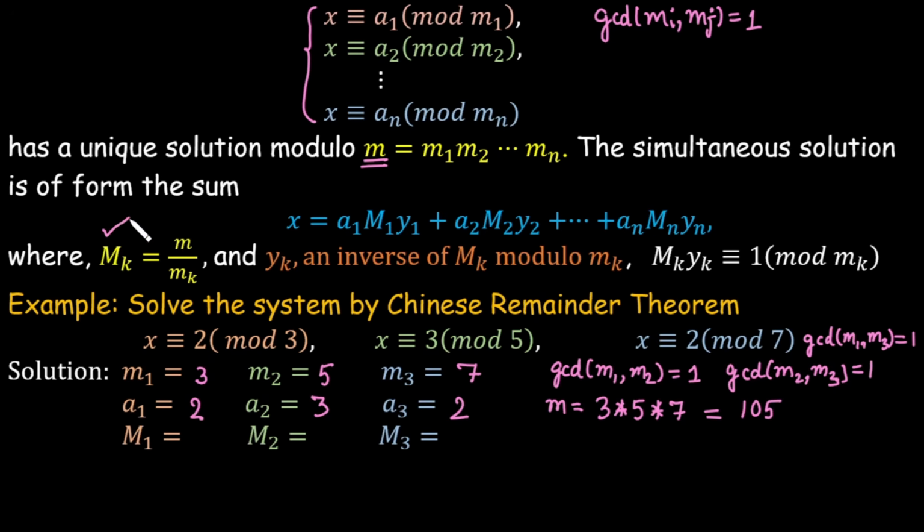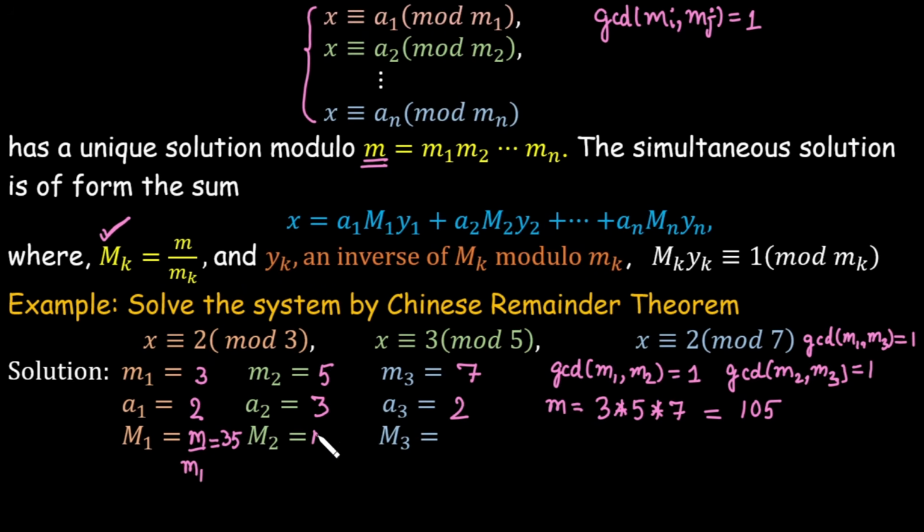After that, we are going to calculate capital M_k, that is, for each equation we will get a different capital M: capital M1, capital M2, capital M3. This is calculated by dividing m by the corresponding modulus. So capital M1 is equal to m divided by m1, which is 35.